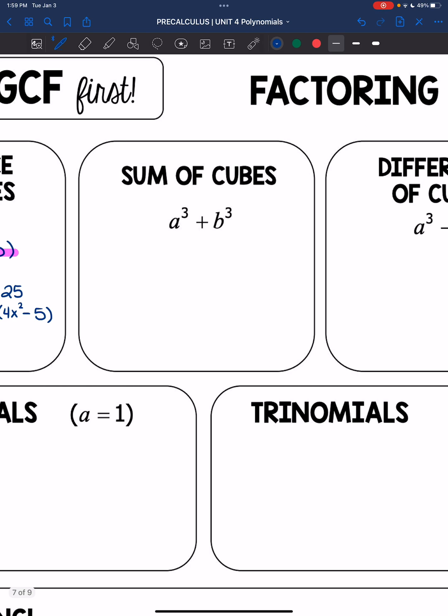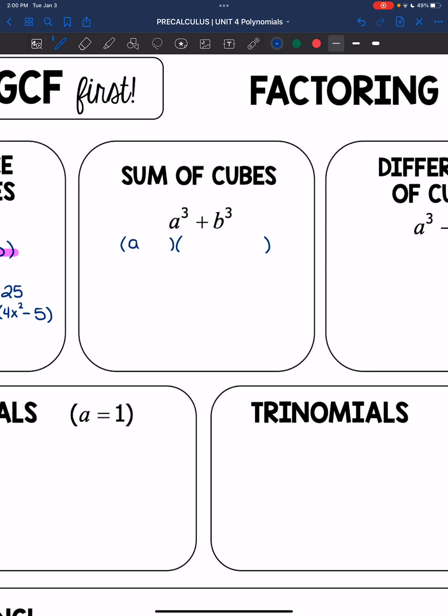Another special binomial is a sum of cubes. That is when your first term is a cube, your second term is a cube, and like the name indicates, you are adding. When you have a sum of cubes and you're factoring them, the factored form will always look like so.